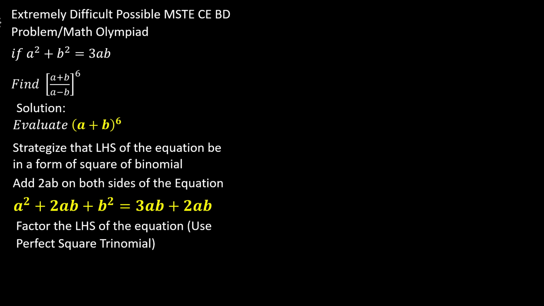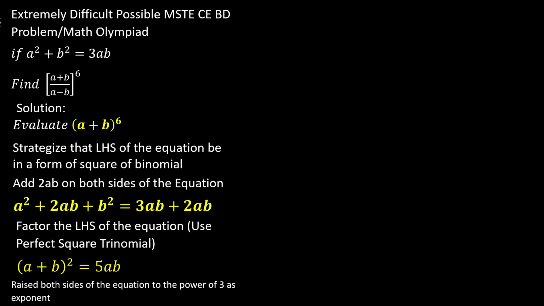Coming up next, we have to factor the left-hand side of the equation by using the type of factoring perfect square trinomial. We need to factor a squared plus 2ab plus b squared, which will lead us to a square of binomial. Now we have (a plus b) raised to the second power equals 5ab, because a squared plus 2ab plus b squared is equal to the square of binomial a plus b, while 3ab plus 2ab equals 5ab.